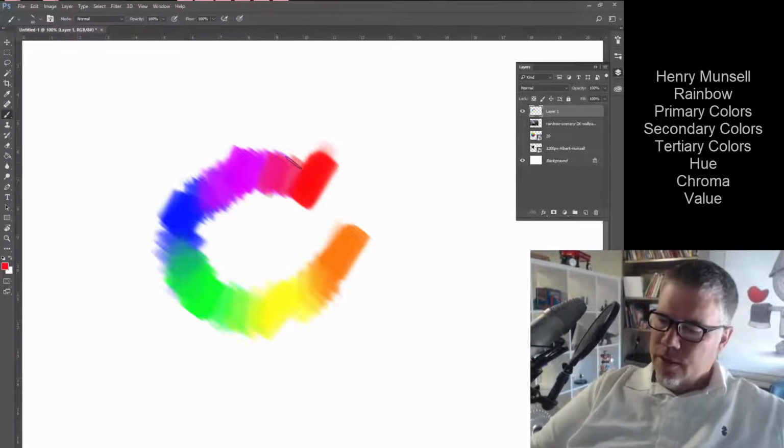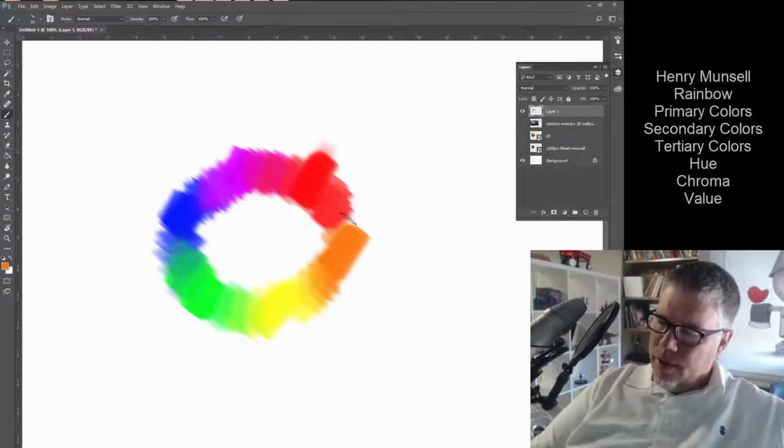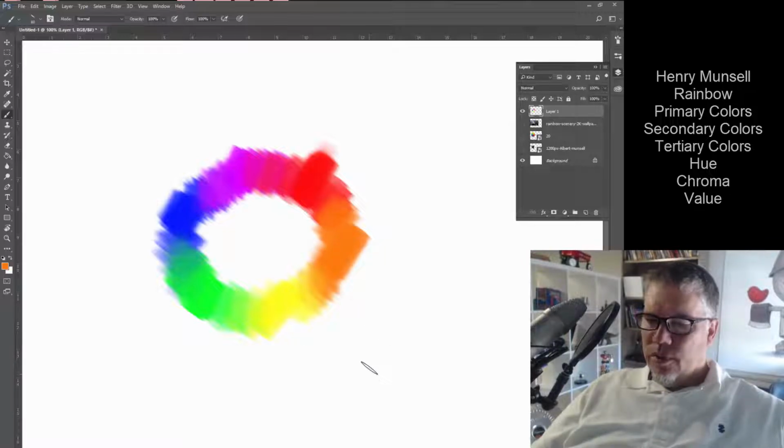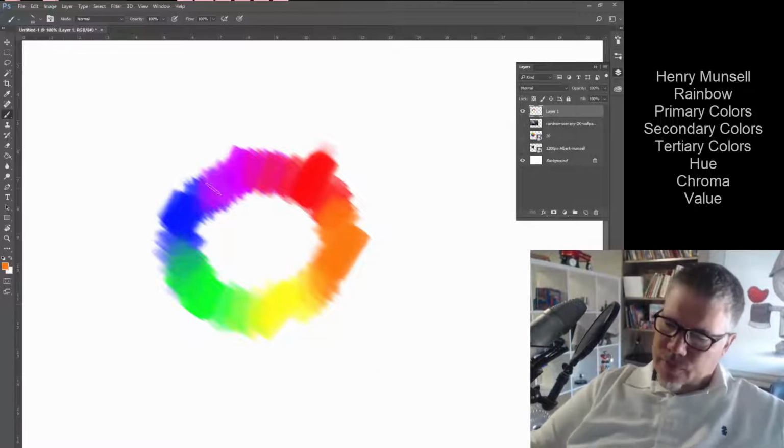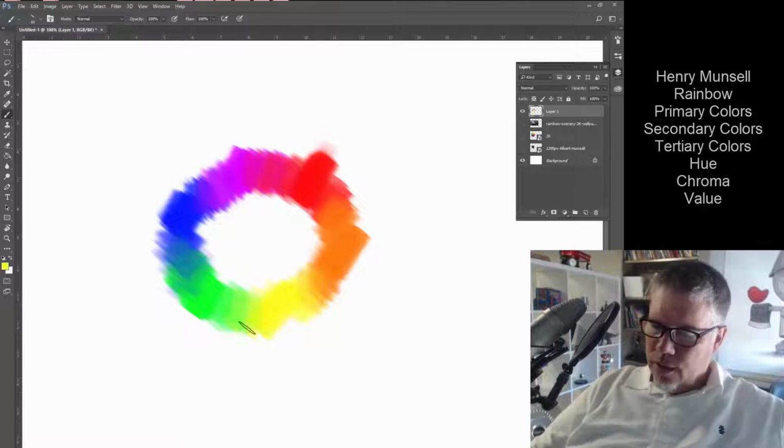I'm just going to keep mixing these together. Grab some of that orange and blend it in over here. And that's pretty much our color wheel right there. My attempt right here isn't perfect, but it's pretty dang close.